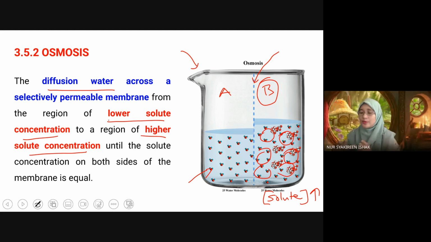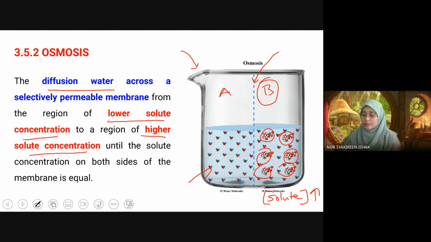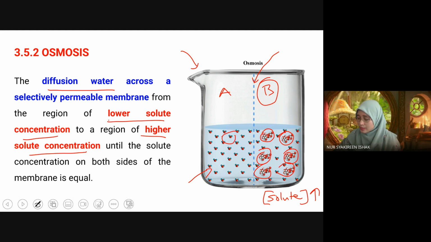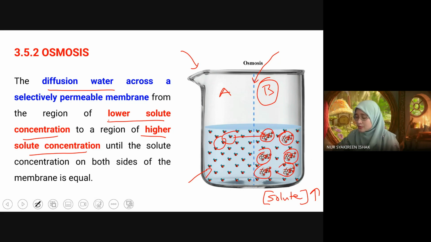So in order for the two solutions to reach the same concentration, the one that will move is water. The water molecules will move across the membrane through the pores of the semi-permeable membrane. This is the process of osmosis.